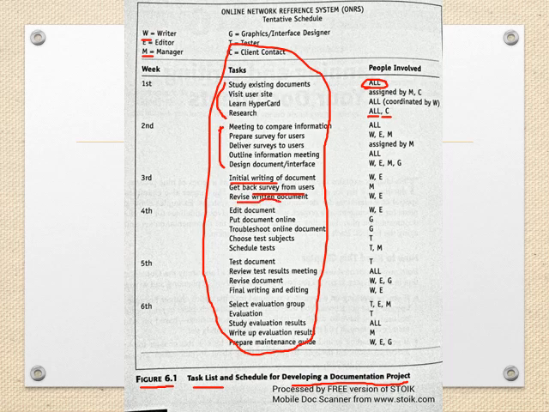After that, we will edit, revise and test the document, and we'll end up having the final draft of the document. After that, we will take the final draft to the evaluation phase, or the field evaluation phase. So these tasks cover the 9 phases of the documentation process.